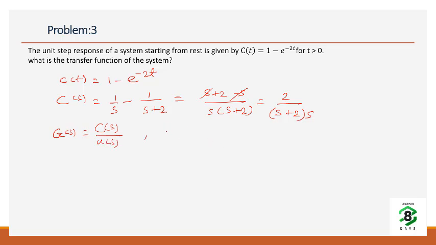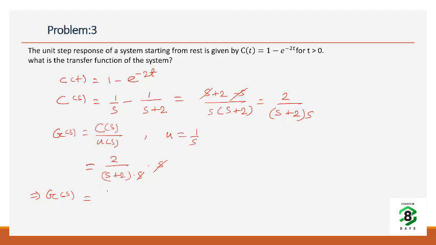Now input here is step, which is 1 by S. So transfer function is 2 by S plus 2 into S into S. That means transfer function of the system is 2 by S plus 2. So again, from the time domain output, we can find out the transfer function.